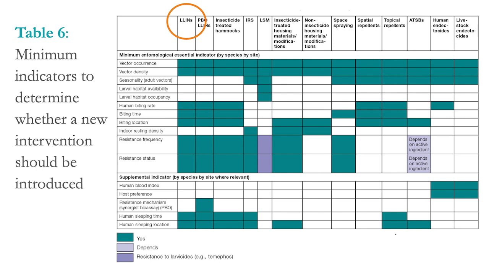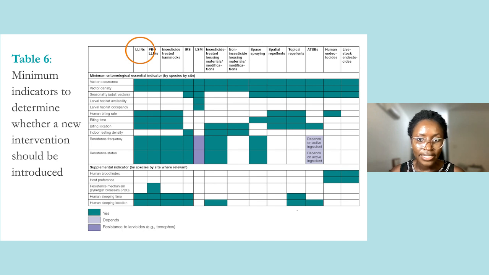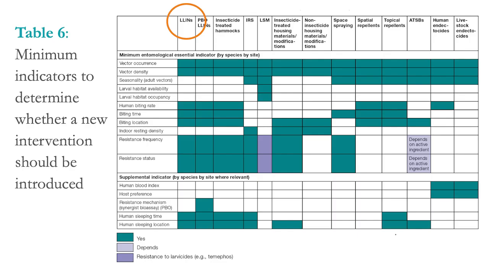Let's take a look at long-lasting insecticide-treated nets as an example. Here we see long-lasting insecticide-treated nets in the first cell in the top row. And looking down to the indicator column, we see all the indicators that should be collected in order to determine whether long-lasting insecticide-treated nets should be introduced as a new intervention in a certain area.